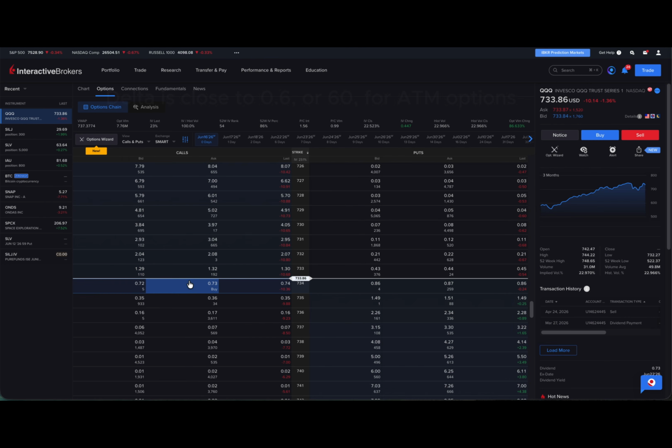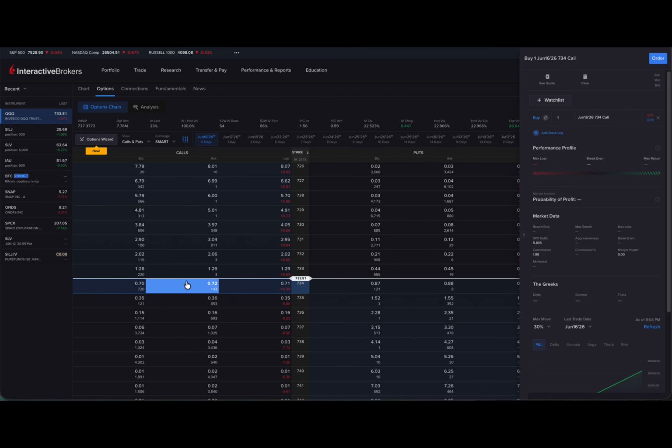And now as we move to the options which are out of the money, you see that the gamma reaches its highest peak, of course, at the money, and this is almost at 734, so that's why the gamma here is the highest.